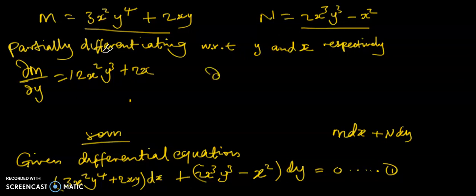We also partially differentiate del N by del x. With respect to x, here we will get 6x squared y cubed minus 2x if we differentiate that. So this is what we have, and from this we see that del M by del y is not equal to del N by del x.